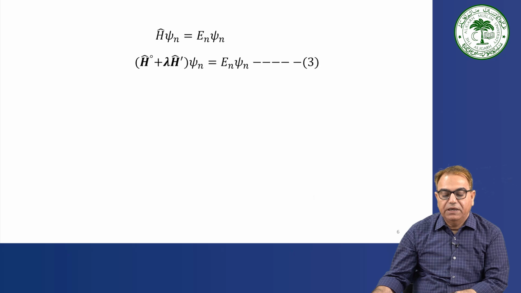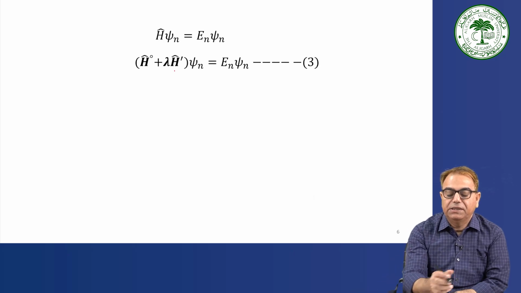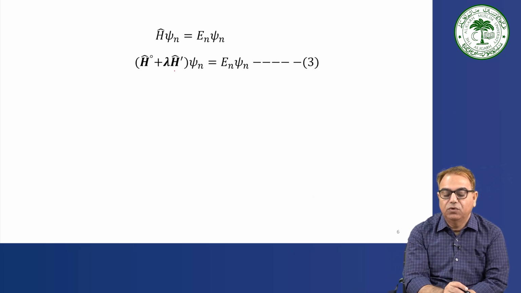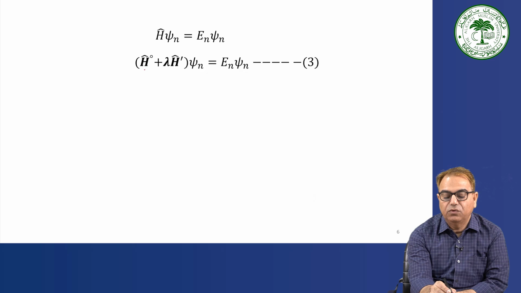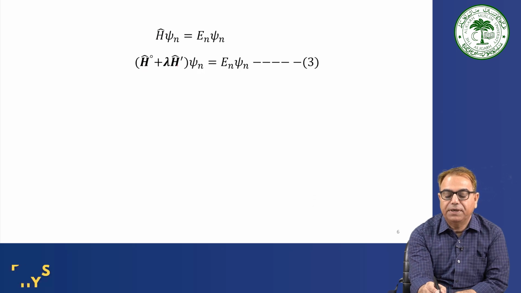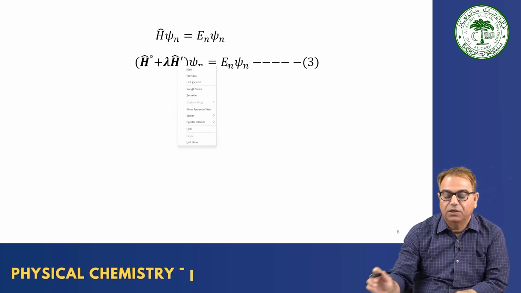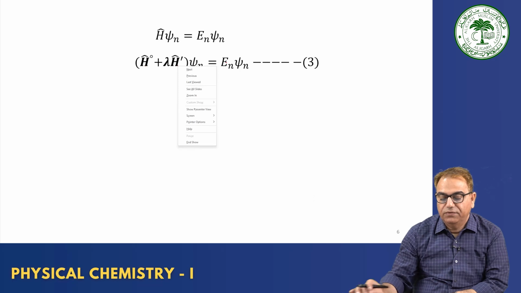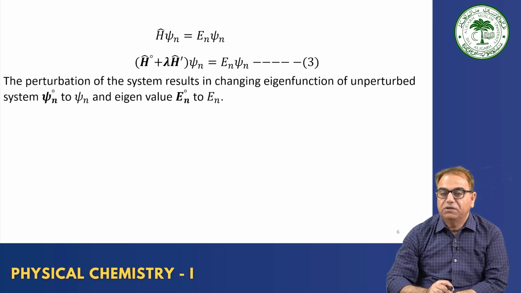If you replace H prime by this equation from equation number 2, what you get is the H for the perturbed system. So it is the unperturbed system plus perturbation, acting on psi n, equal to this. So the perturbation of the system results in changing the eigenfunctions of the unperturbed system, psi n naught to psi n, and the eigenvalue E n naught to E n.